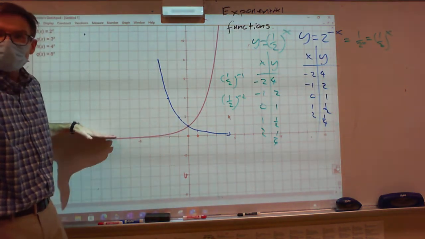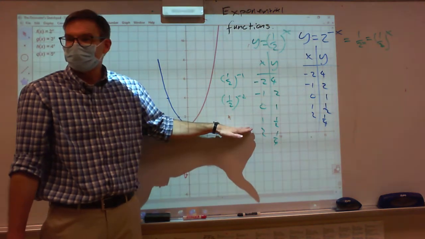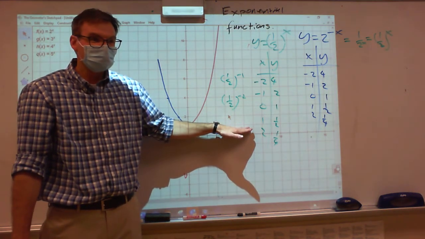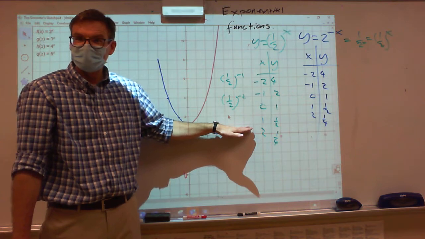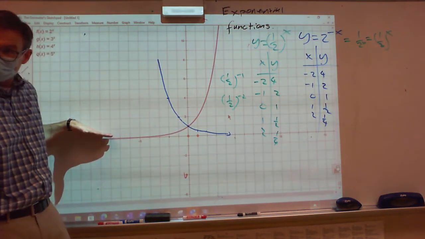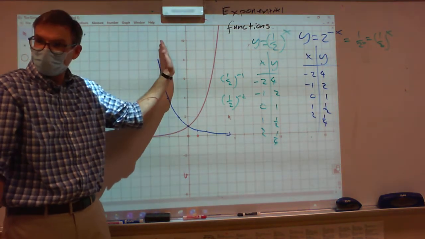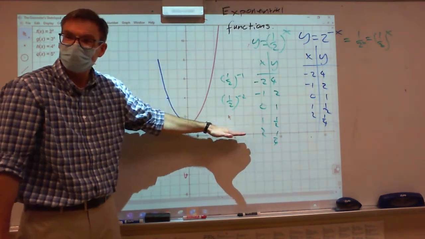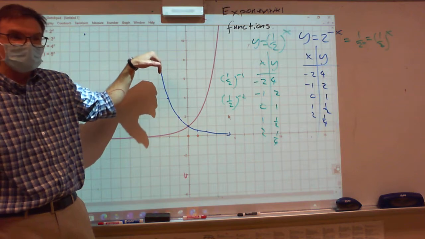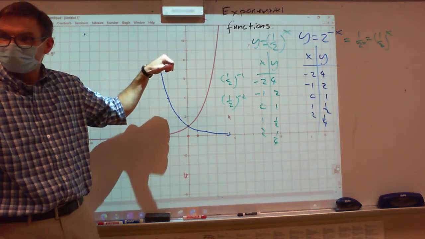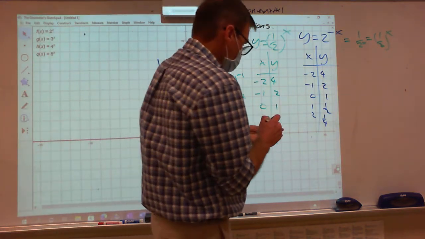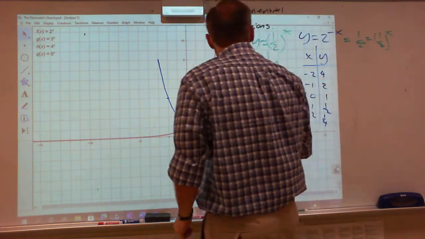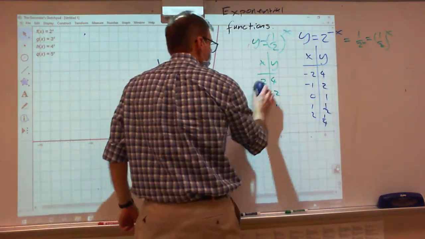Do you start flat from the left, or do you start flat from the right? Like the original problem is you start flat this way. Go flat, hit your special point, and go up. Whenever you have a fraction, you start flat on this side, hit your special point, and go away. Does that make sense? So, let's see what happens when we put all this together.